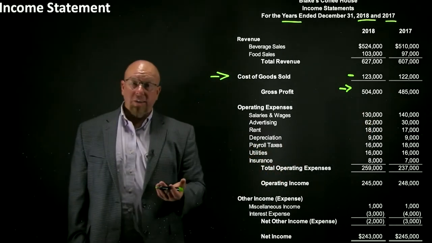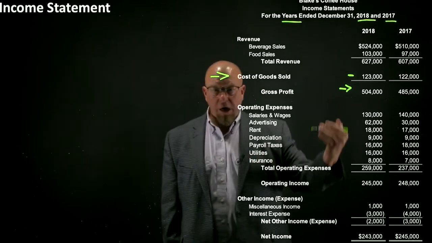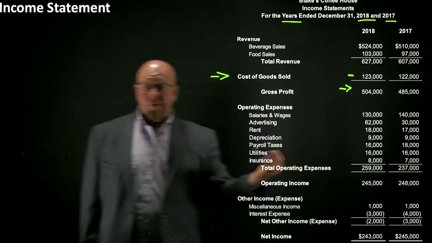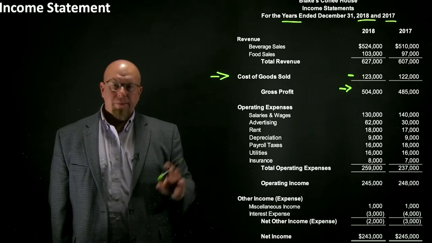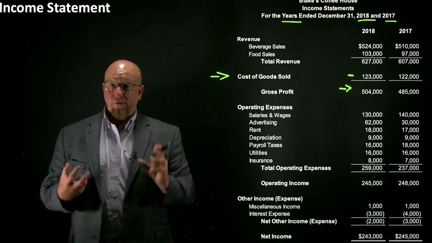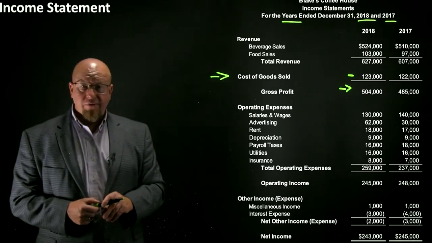We don't put a minus sign there, it's just understood. And the same thing is true here, our operating expenses. These all reduce our profit or net income, but we don't depict them with a minus sign. It's just generally understood that expenses cause your profit to shrink. That's why businesses want to control their expenses, obviously.